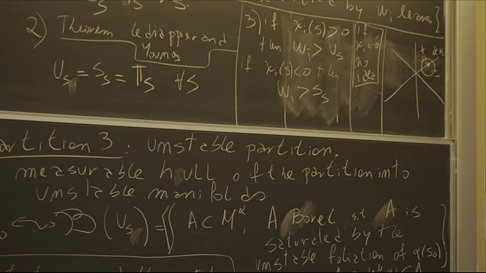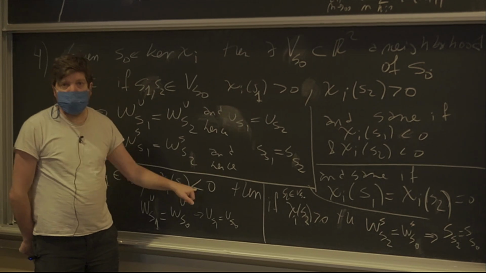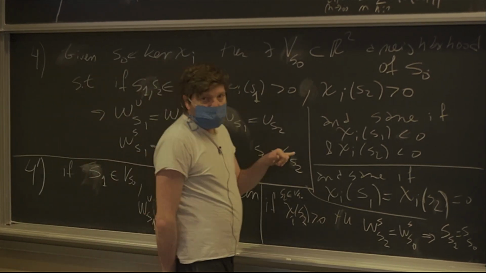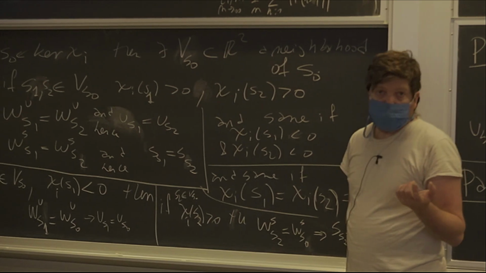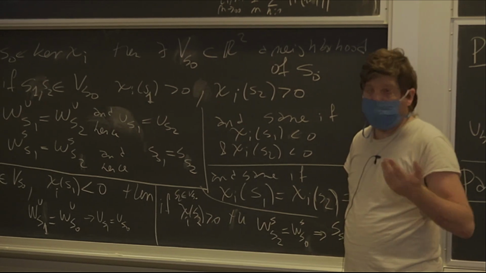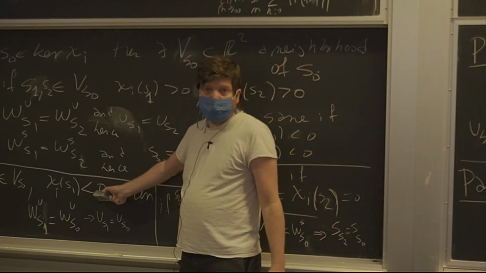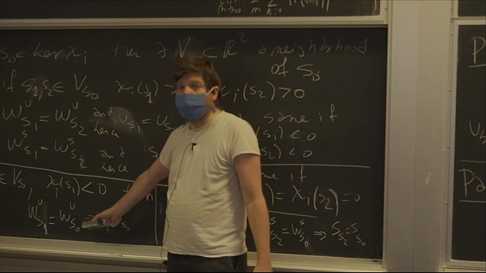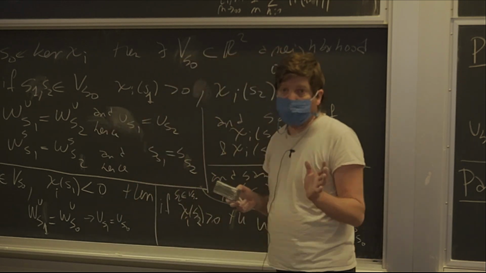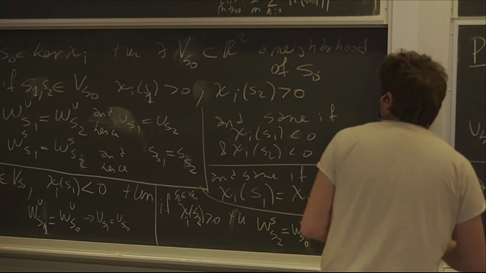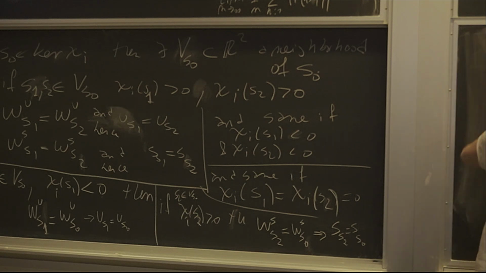Now I take an element where the first exponent is negative. It means that the second direction, which was unstable in the whole neighborhood, is actually the unstable for all guys here, as well as for S0. Because in S0, I have a one-dimensional unstable. Maybe let me erase here and do this picture.